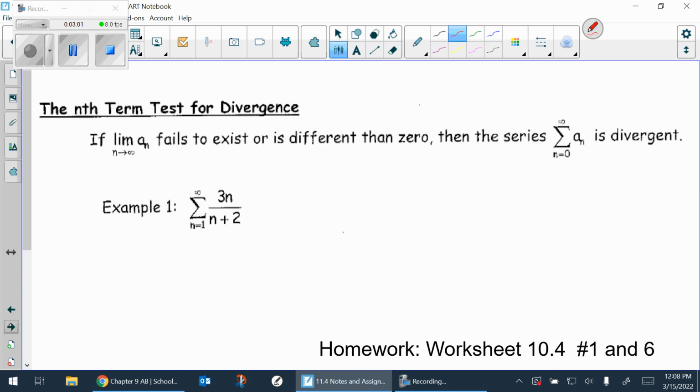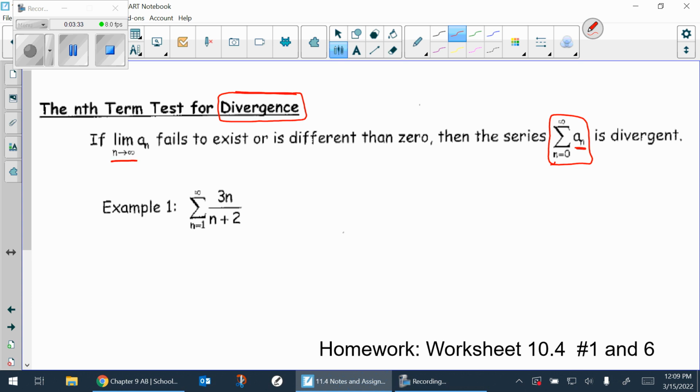Now, the nth term test is a test which will only test to see if a series diverges. Only good for diverges. So, if we've got a series that looks like this, and the nth term is called a sub n.